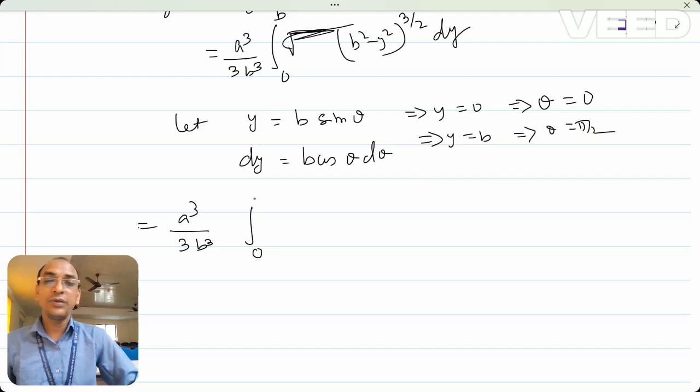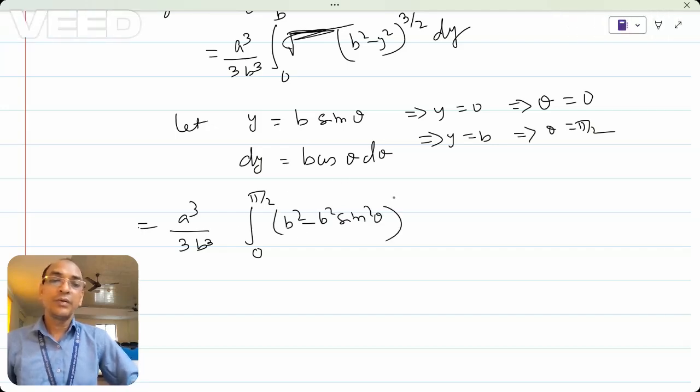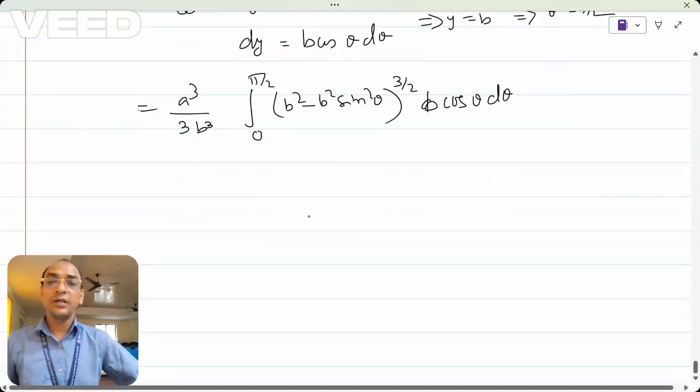Theta is 0 to pi by 2, and this will be b square minus y, which is b sine theta, so b square sine square theta to the power 3 by 2 into dy, which means we will put b into cos theta d theta.